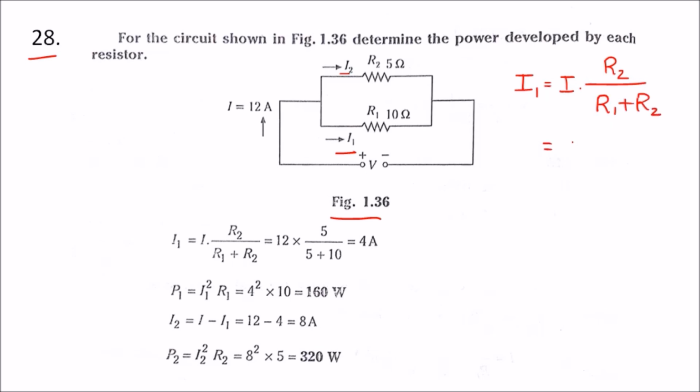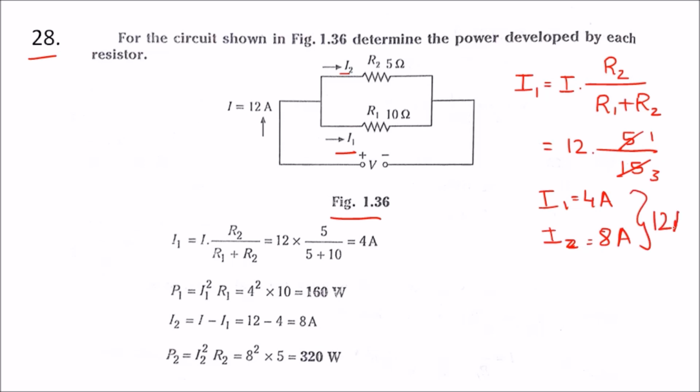We know I is 12, R2 is 5, and the sum of R1 and R2 is 15. So this becomes 1 by 3 and I1 will become 4 amps. Once we get I1, we can get I2 easily, that is 8 amps, because total is 12 amps.